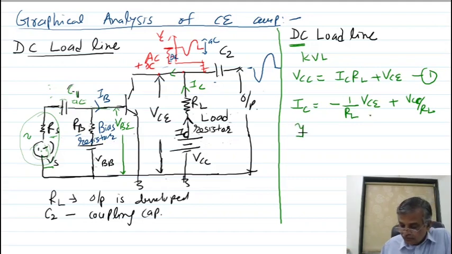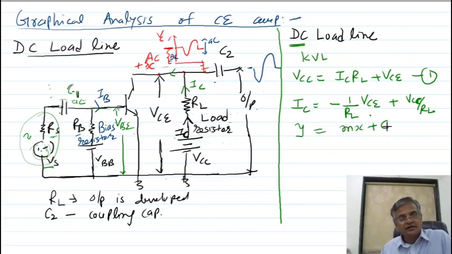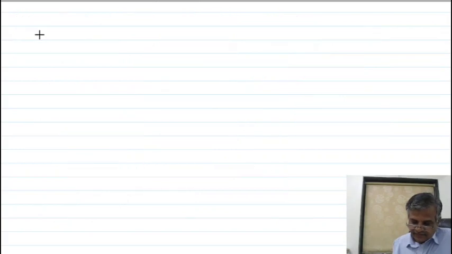I want to plot this equation of a line on the output characteristics of a transistor for common emitter. So how to plot? Look here. This is the output characteristics I am showing you.